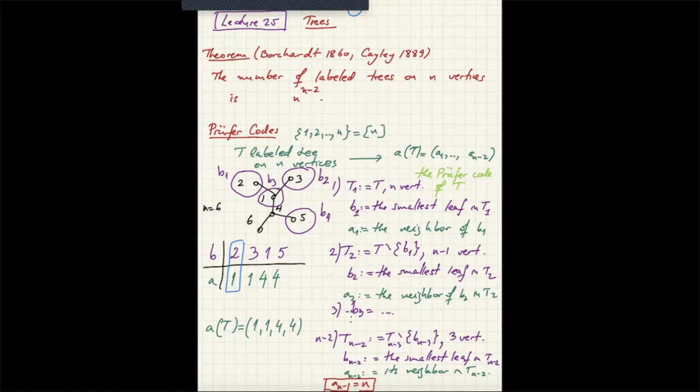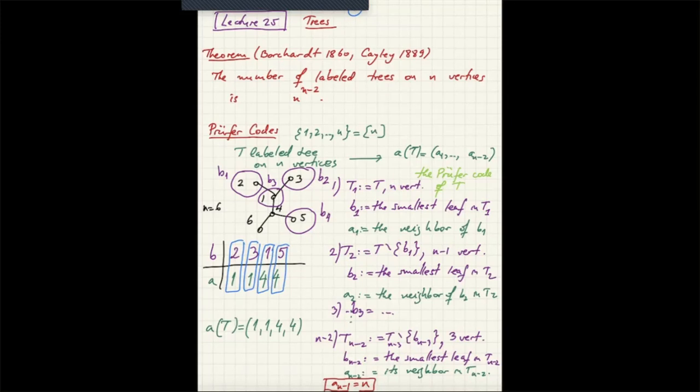So that's an edge of the tree. And then the next pair is 3, 1. That's another edge of the tree. The next pair is 1, 4, another edge, and 5, 4.